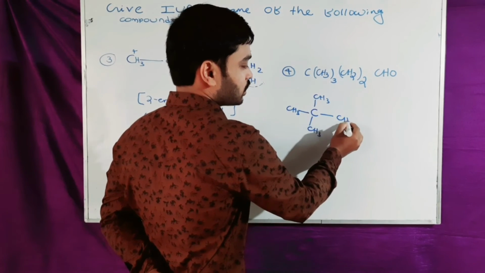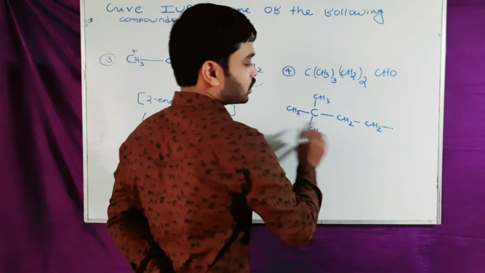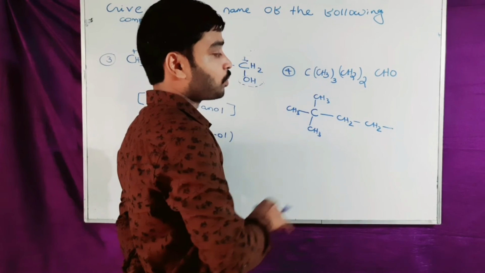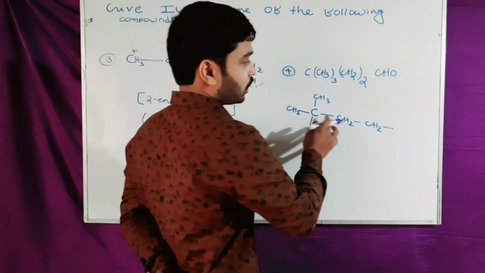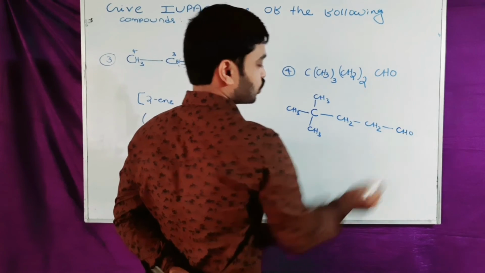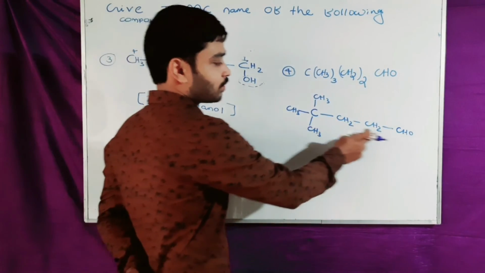You know that CH2 groups are always present within the straight chain or open chain structure. In this way the CHO is present at the terminal part, and it is the use of a monofunctional group. It is the single functional group present.